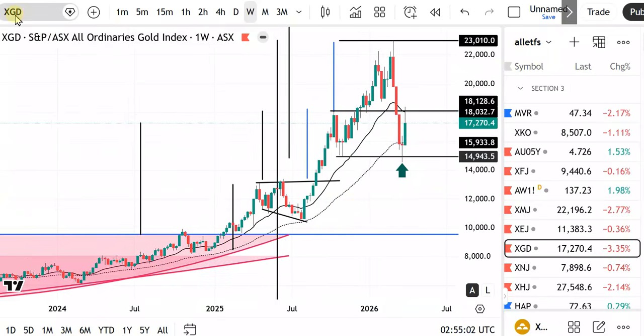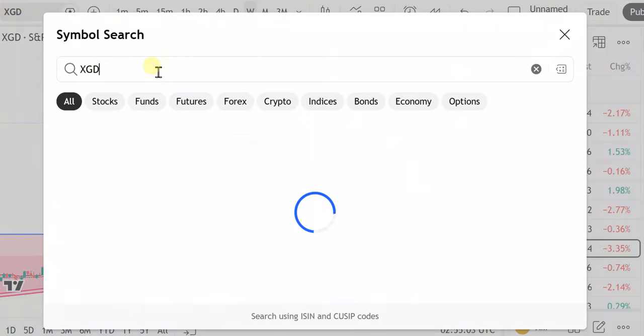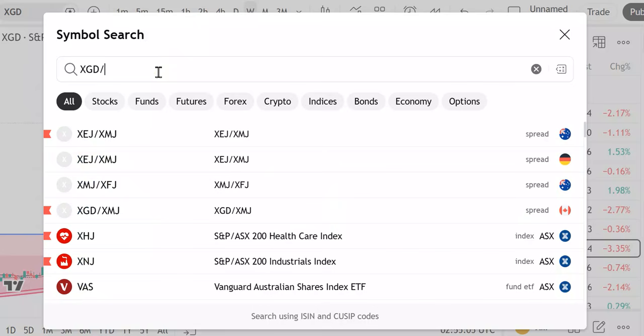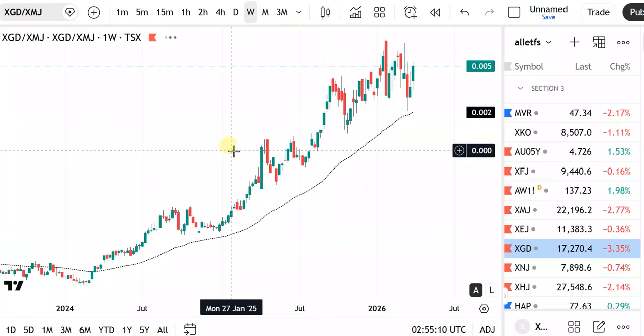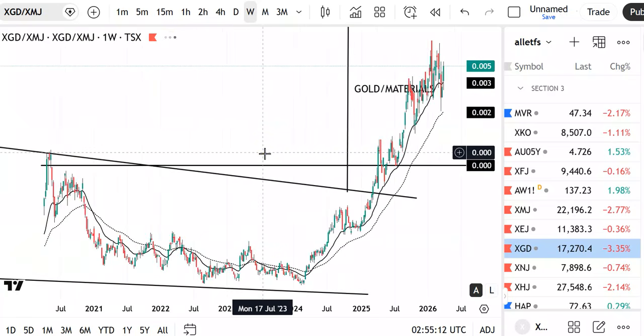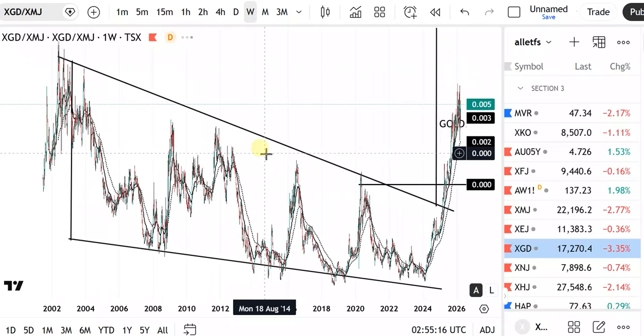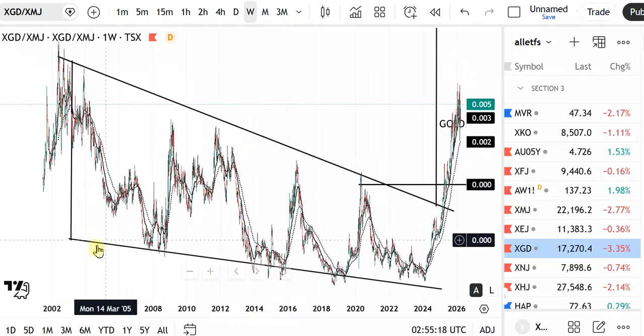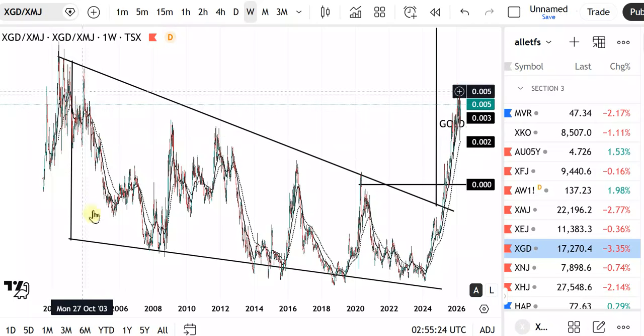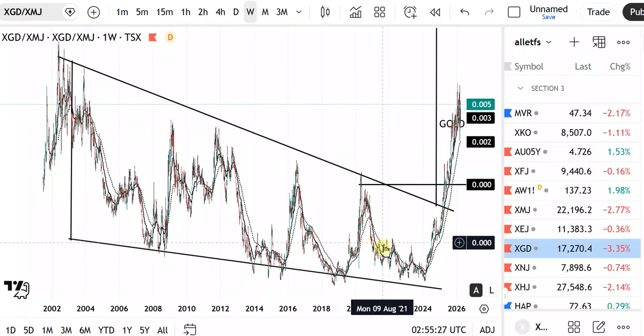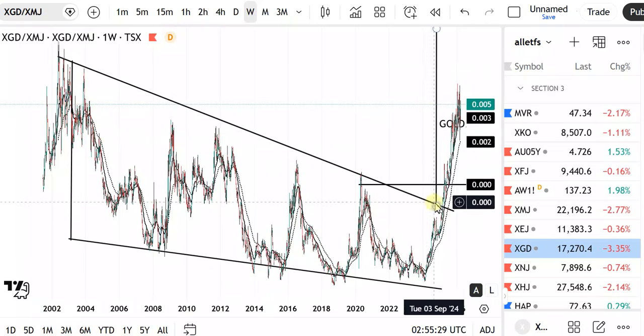And if we look at gold over materials, this is the gold miners over materials. Again, we've got the widest, highest, tallest part of the triangle, the wedge, and apply it to the breakout.